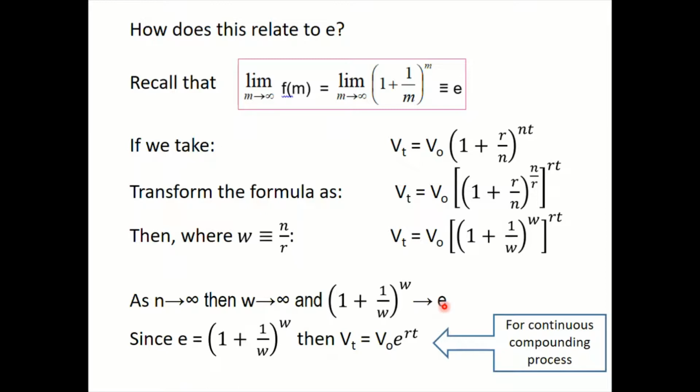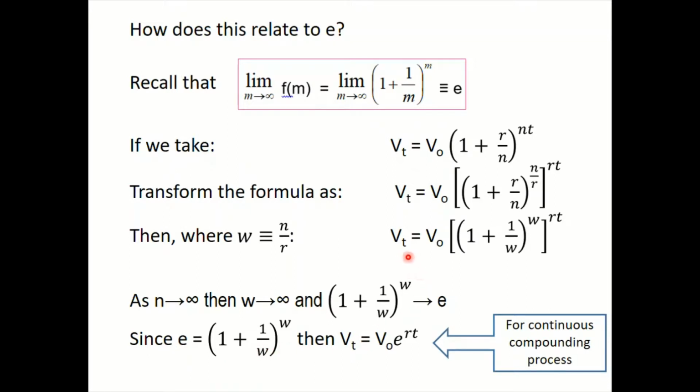So what we are saying is that as interest is continuously added to our investment, the value of this tends to e, and we can substitute e in for this expression here. So instead of 1 plus 1 over w raised to the power of w, we can instead write e.